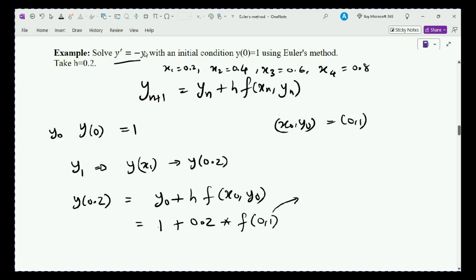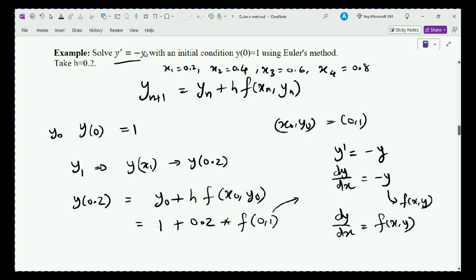So f of 0, 1 is here. This is our equation, y dash equal to minus y, or dy by dx equal to minus y. In general form it is dy by dx equal to f of xy, so f of xy is minus y.